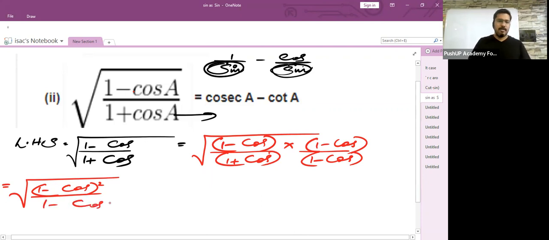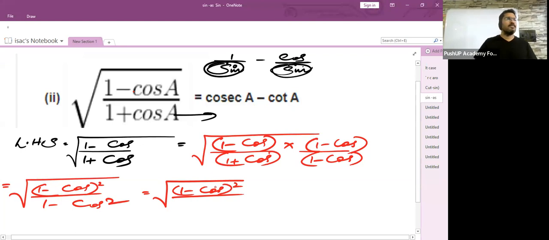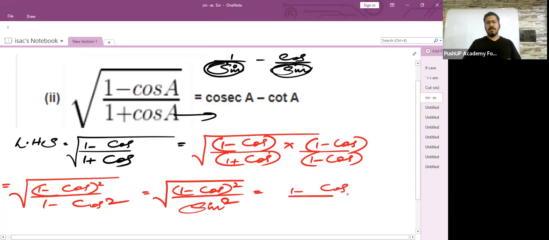Very good. Now square root of 1 minus cos the whole square divided by, and what is 1 minus cos square? It is sine square. Good. So let's eliminate the root sign. So you get 1 minus cos divided by sine.